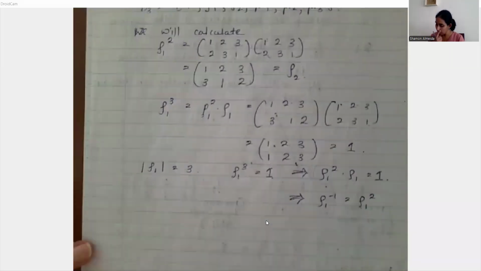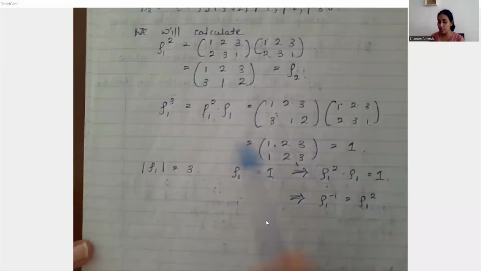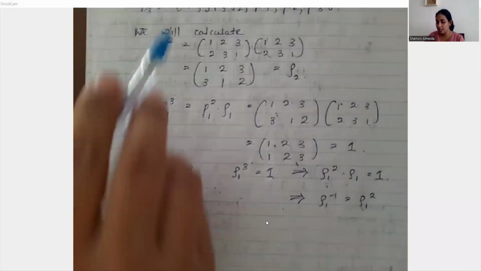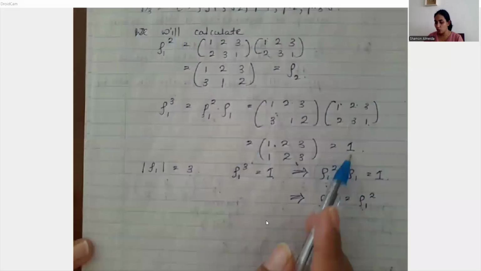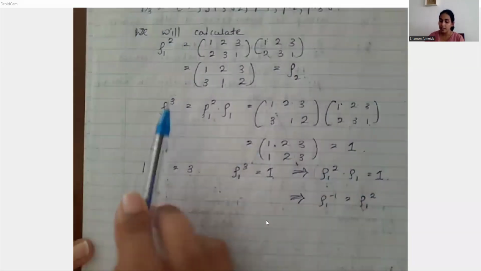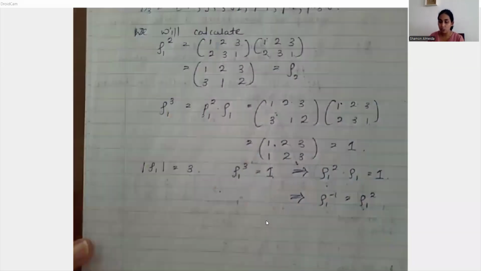Now, from these rotations, we see 3 distinct elements in D3, all of which are given in terms of rho 1. 1 is the identity, given as rho 1 cubed. Then we have rho 1, which simply is rho 1.